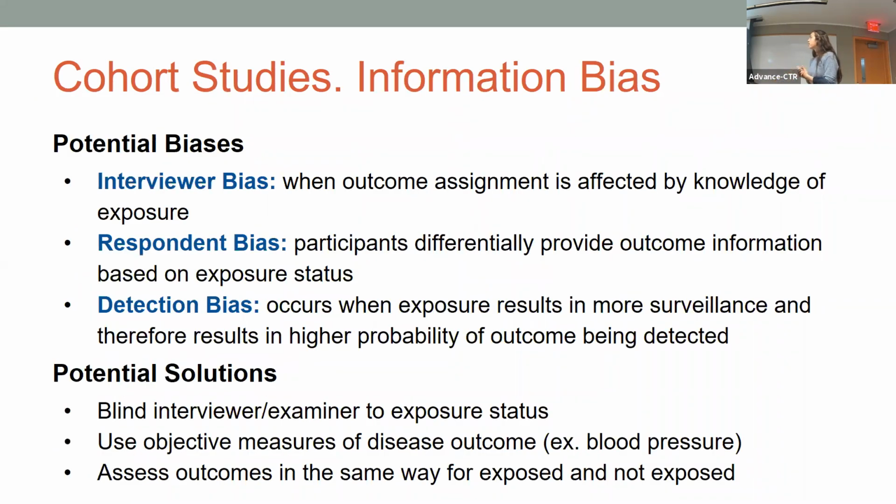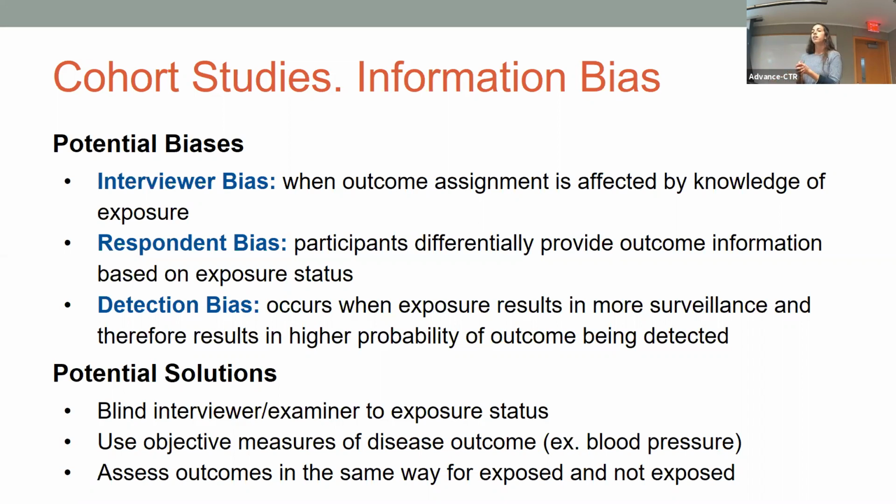Another type of bias is information bias, and essentially this comes up when the way in which information is being collected can lead to some potential misclassifications. So for example, one type of information bias is interviewer bias. If the interviewer knows that someone's been exposed, then they might be more likely to assign them to some specific outcome because they have some preconceived thought that the exposure leads to the outcome.